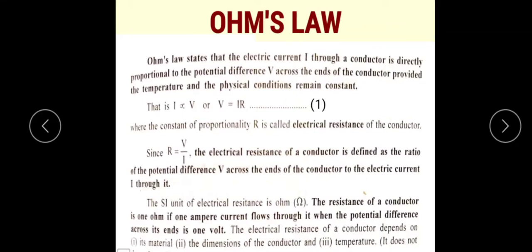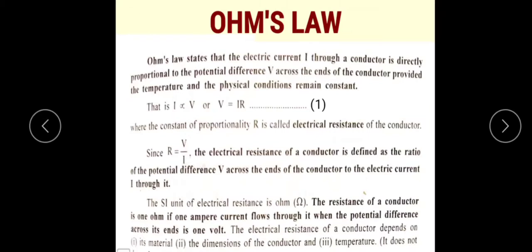If the ends of the conductor show 1 volt potential difference, and in such a condition 1 ampere current flows through it, then it is said to be 1 ohm. That is the definition of ohm.